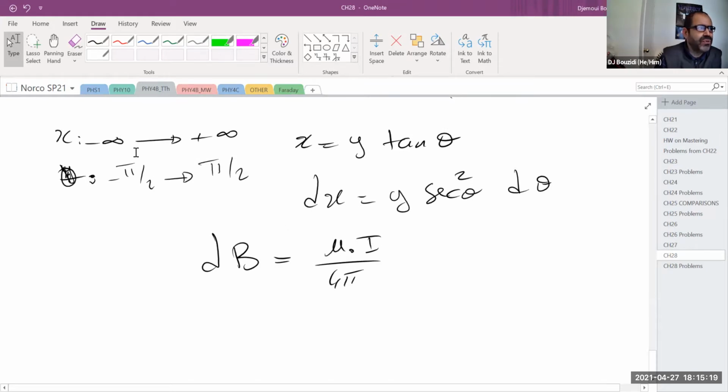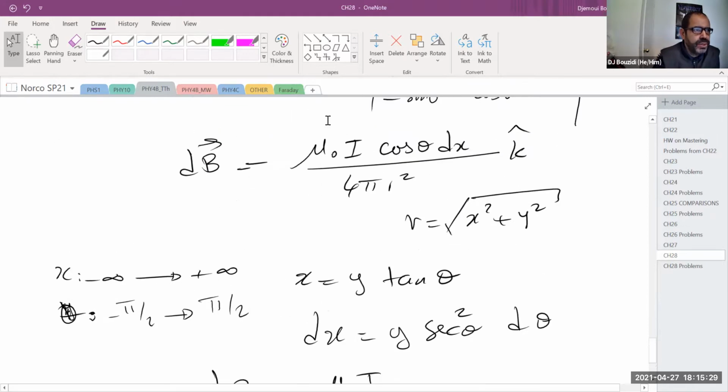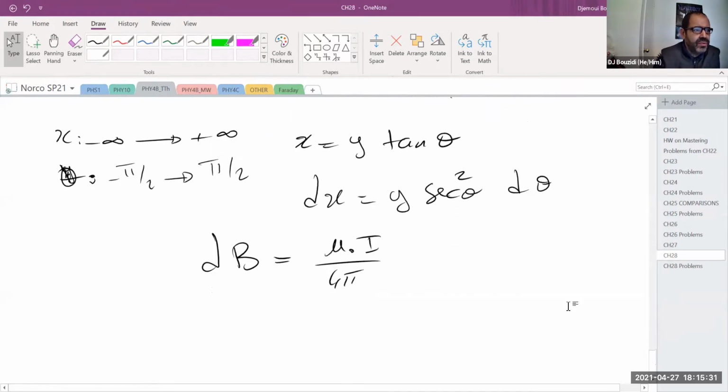So the integration that goes for x from negative infinity to positive infinity, when we do it for theta, is actually from negative pi over 2 to positive pi over 2. That's the only thing that is going to happen. So let's write. We have cosine theta. Let's not forget about cosine theta, times dx. dx is y secant squared d theta.